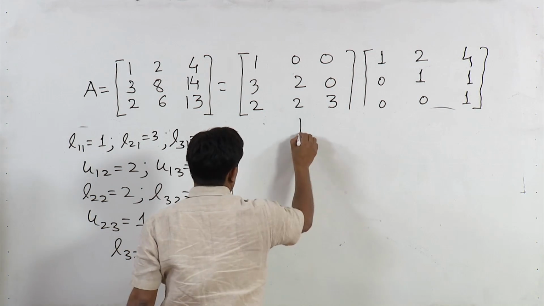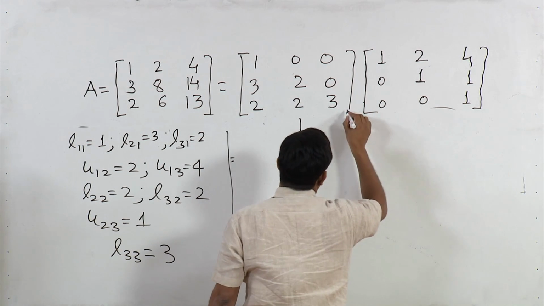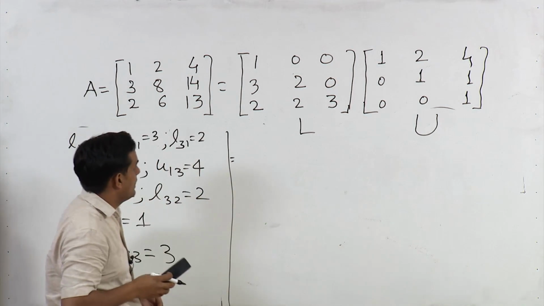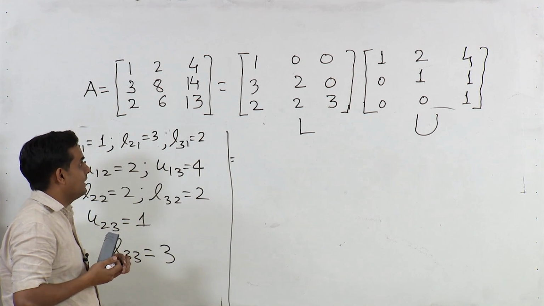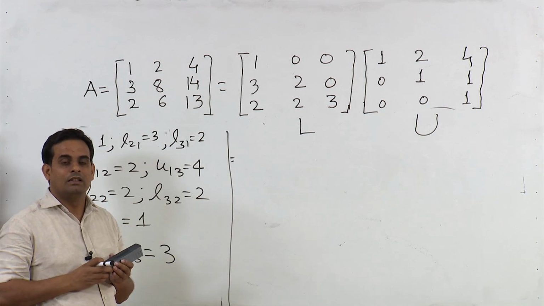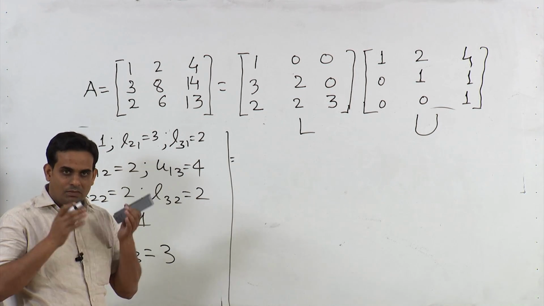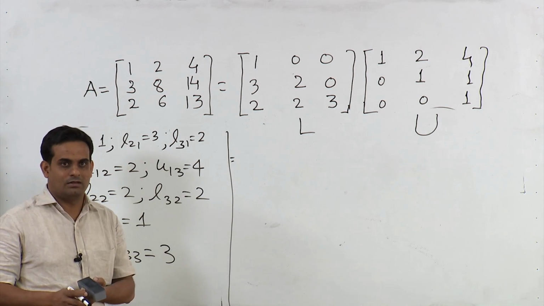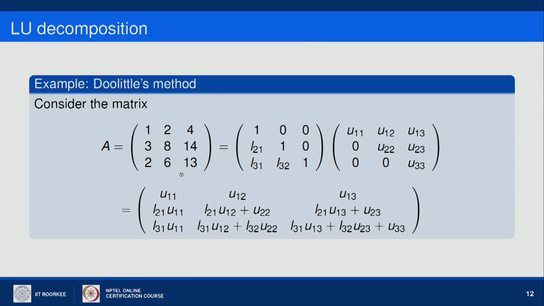So, hence this is an example of LU decomposition of a given matrix A when the diagonal entries of the upper triangular matrix are 1. So, this is the example of Doolittle method.